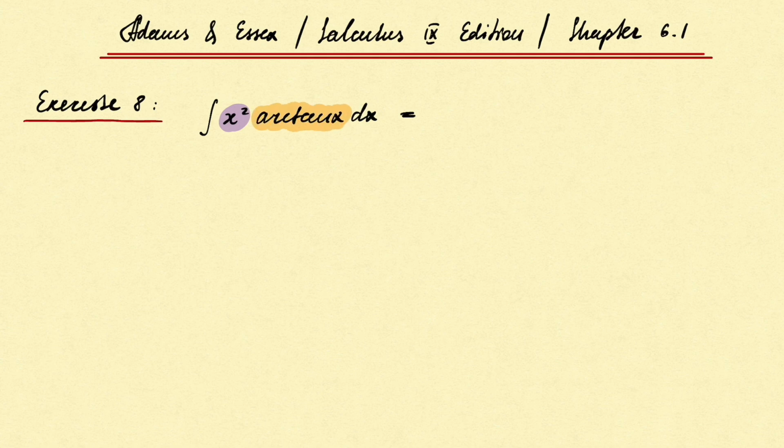We'll use integration by parts, and as we did in the last video, I'll use arctangent of x as the function we will differentiate later on, because it's not that easy to find an antiderivative of arctangent x, while the antiderivative of x squared or any polynomial is trivial. And in the background we know that the derivative of arctangent x will be 1 over 1 plus x squared, so we'll just deal with this function later on.